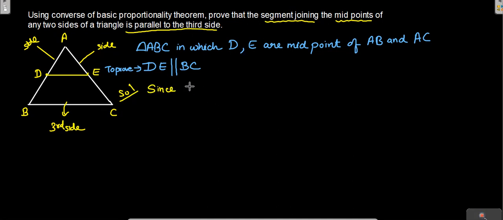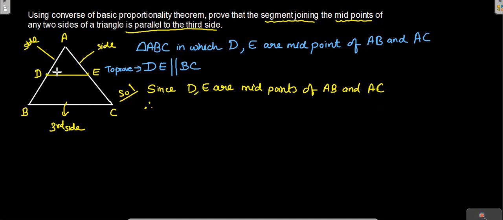Since D and E are midpoints of AB and AC, since D is in the middle of the line, obviously AD and DB are of the same length.